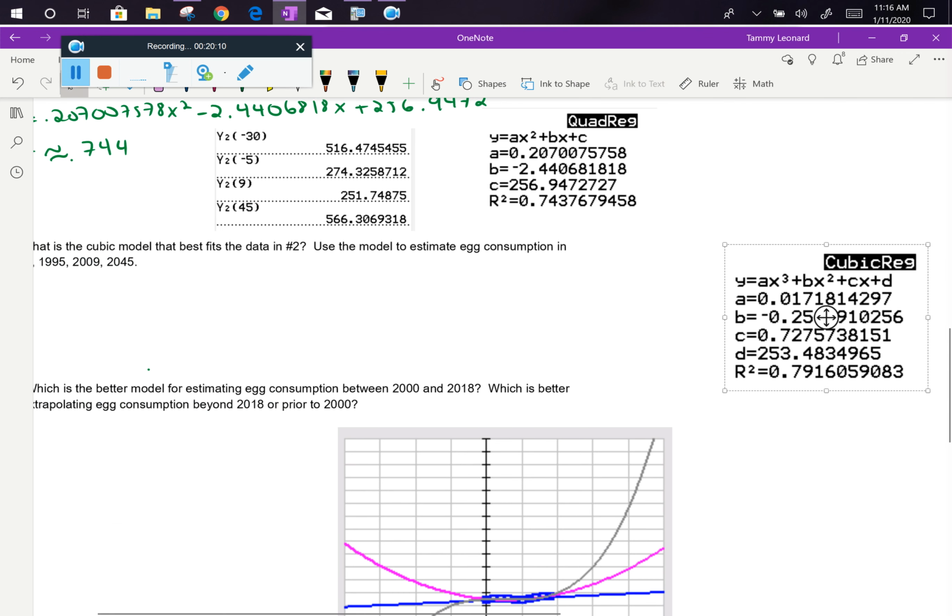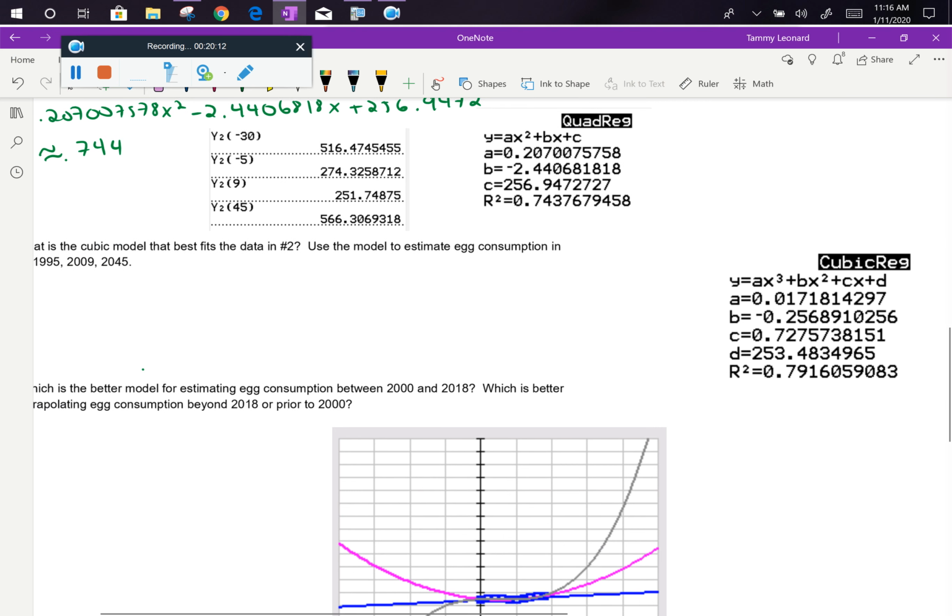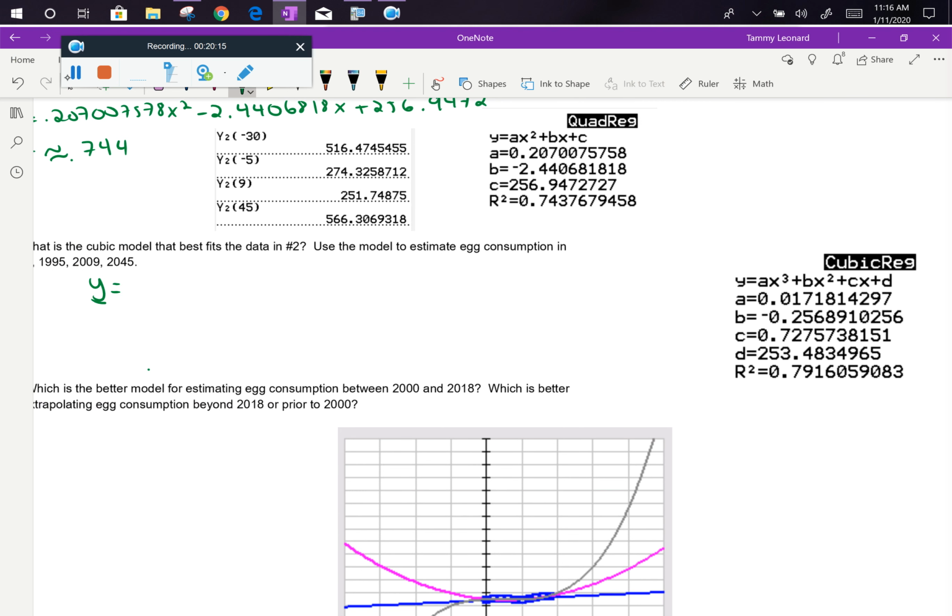So I can see that my cubic model should be y equals 0.017814297 x cubed minus 0.256891025 x squared plus 0.7275738151x.